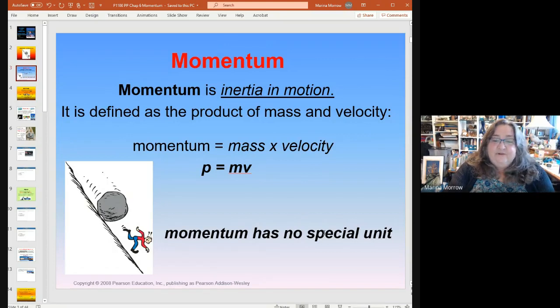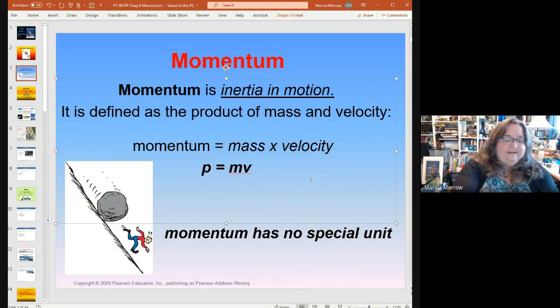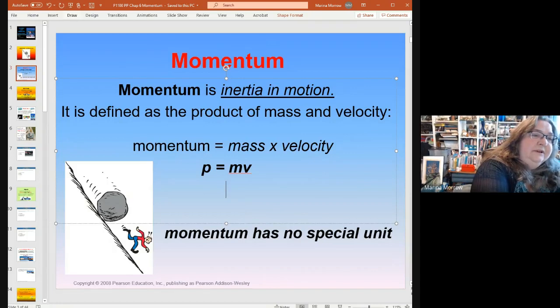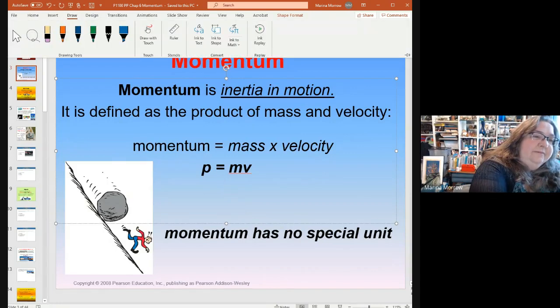Now, we don't have any new unit for momentum. You just use the units that are available. But one thing that's a bit confusing is the symbol for momentum. That symbol is called rho, the Greek letter rho.